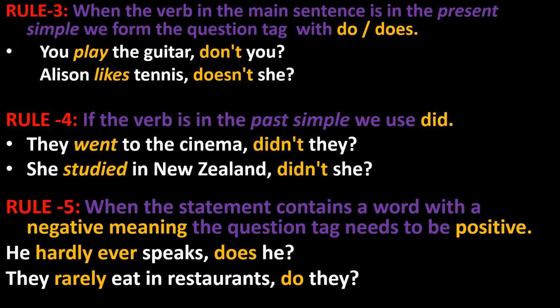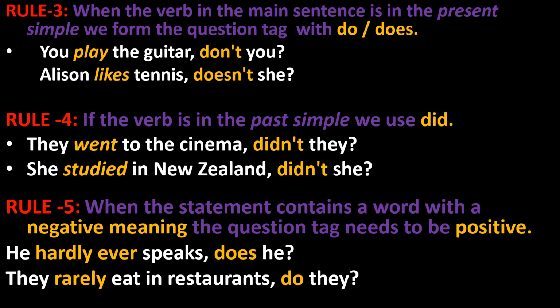There is no auxiliary and no modal verb, so we use do to form the question tag. In place of play, we use do. It's a positive statement, so we frame the question tag with a negative one: don't you. You is the subject of the sentence. You play the guitar, don't you?